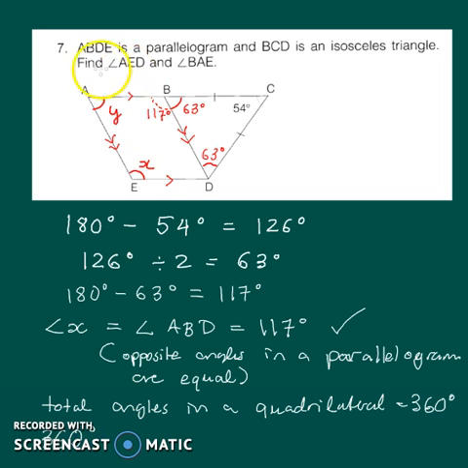In this total of 360 degrees, we know that there are two angles that are 117 degrees.